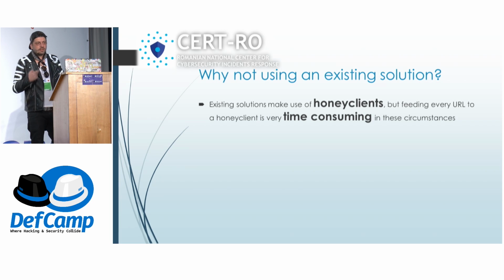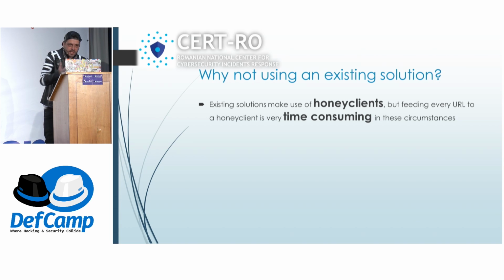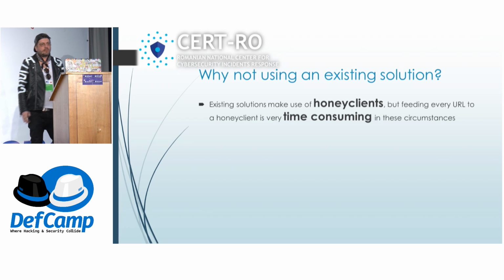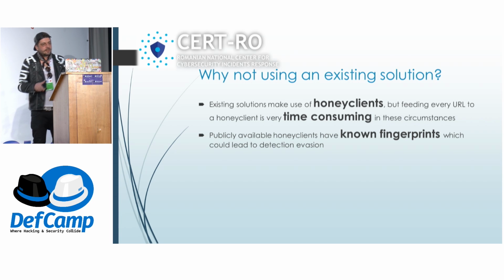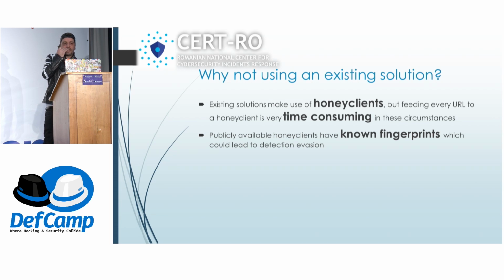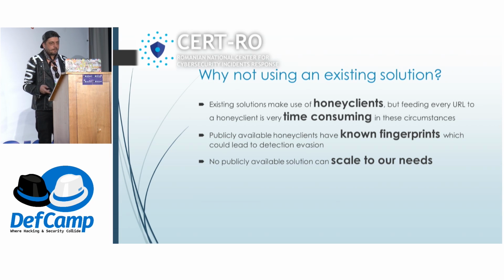So why not use an existing solution? Existing solutions make use of Honeyclients, but feeding every URL to a Honeyclient is very time-consuming. We saw earlier how long it would take us to do this. Publicly available Honeyclients, as you've seen before, have fingerprints, which could lead to detection and evasion by the malicious JavaScript.